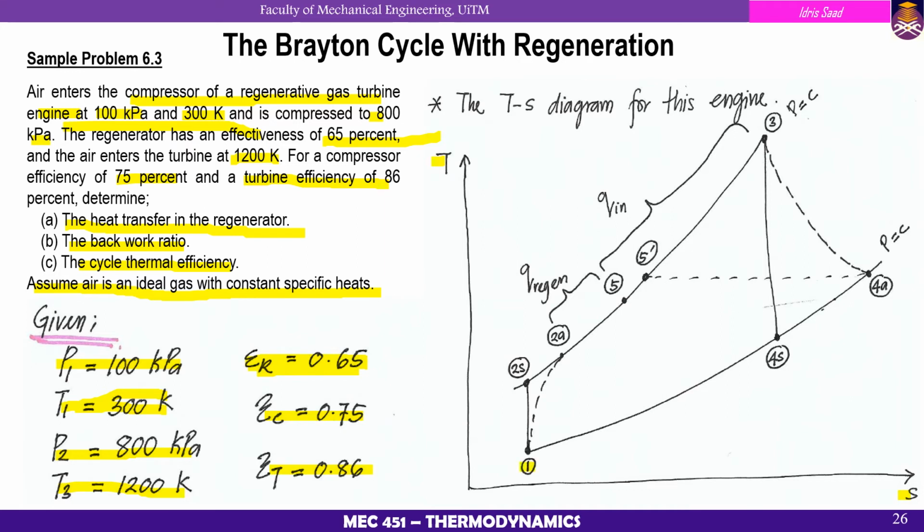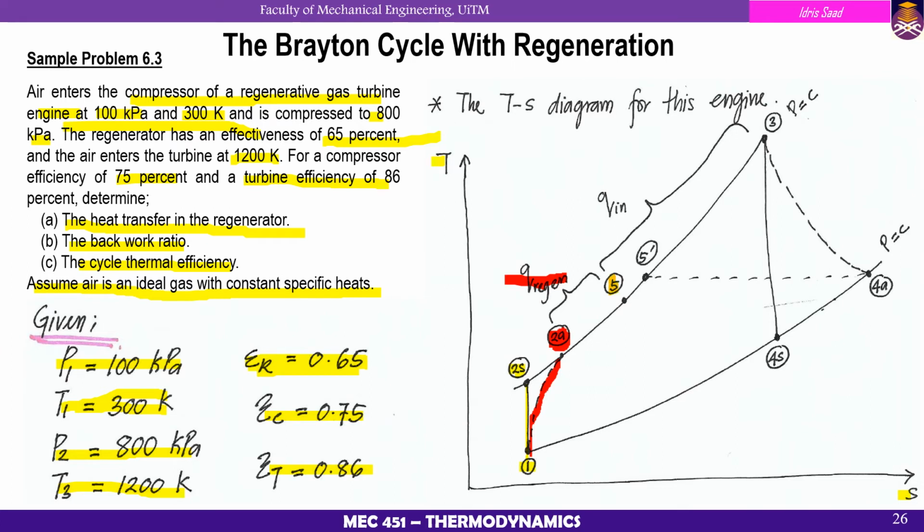This is state number 1, and then this is isentropic compression to state 2S. However, this is the actual compression to state 2A. From state 2A, the air is heated by using the exhaust gas, or we call it Q regeneration, until state 5.